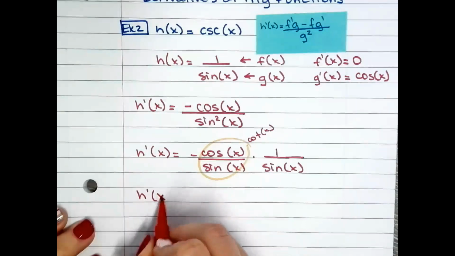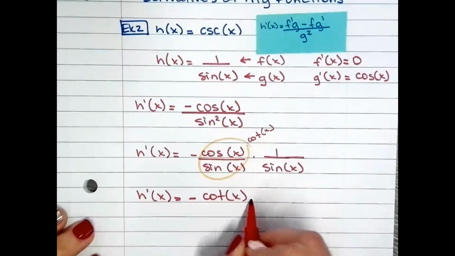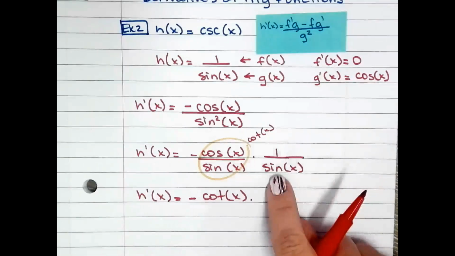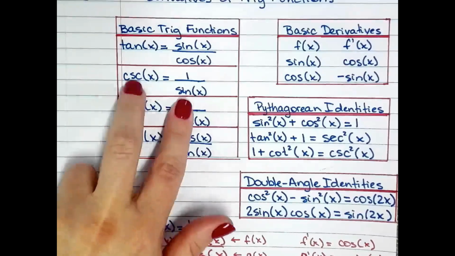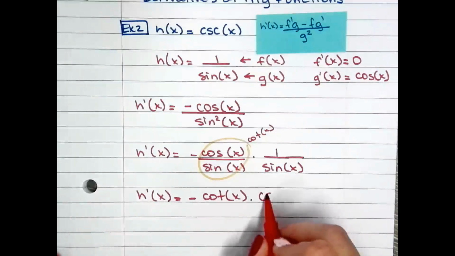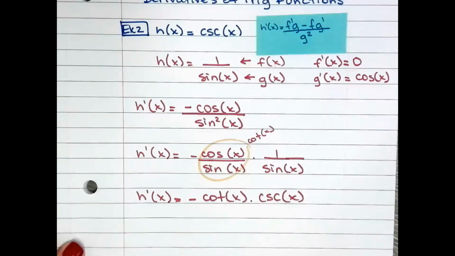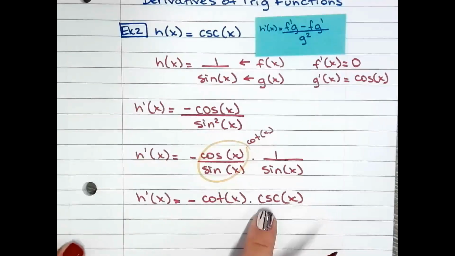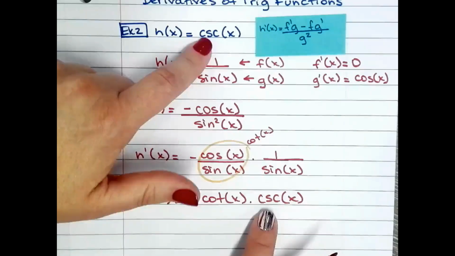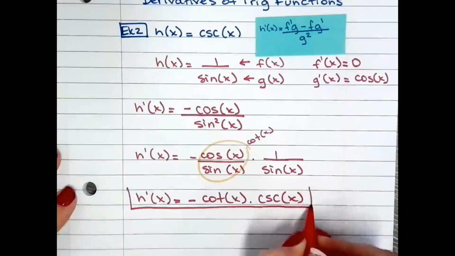So h prime of x equals negative cotangent of x times 1 over sine, and the reciprocal of sine is cosecant. So times cosecant of x. That's something else you need to add to your cheat sheet or chart: the derivative of cosecant is negative cotangent times cosecant.